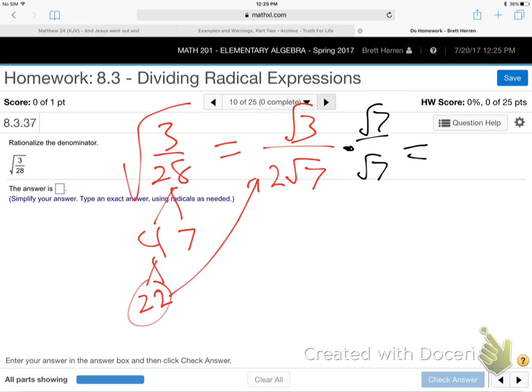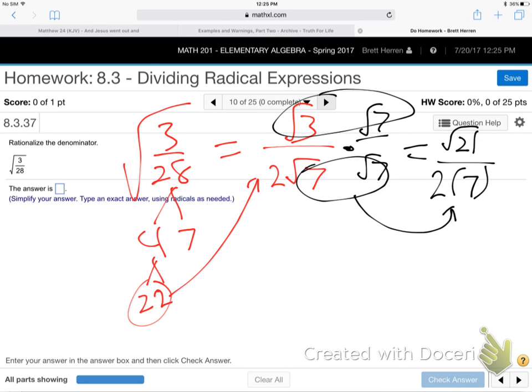So try that. So the top is just 3 times 7, root 21. The bottom is 2, and then root 7, 2 7's in, 1 7 out, a plain normal 7, and then 2 times 7, 14. And we're done. Root 21 over 14.